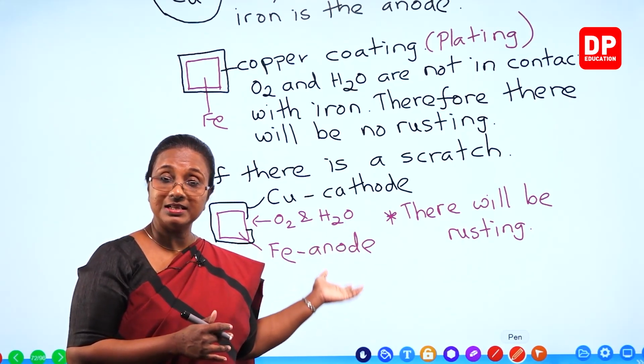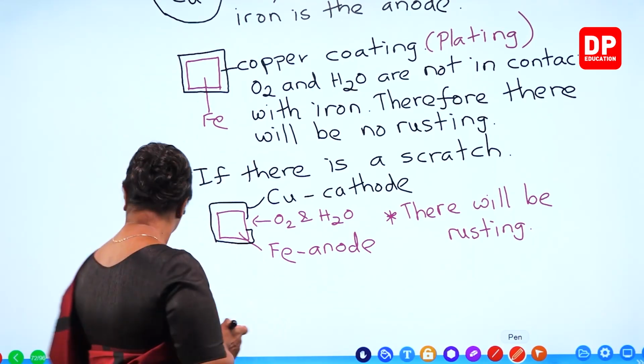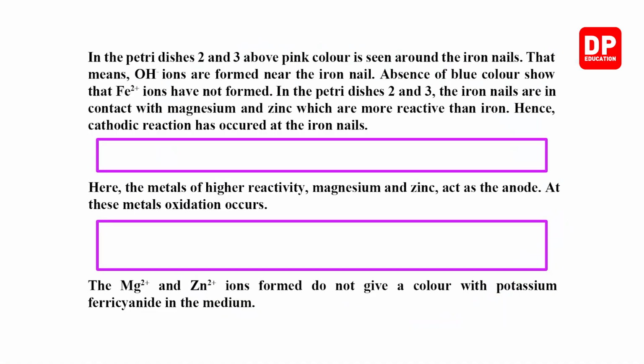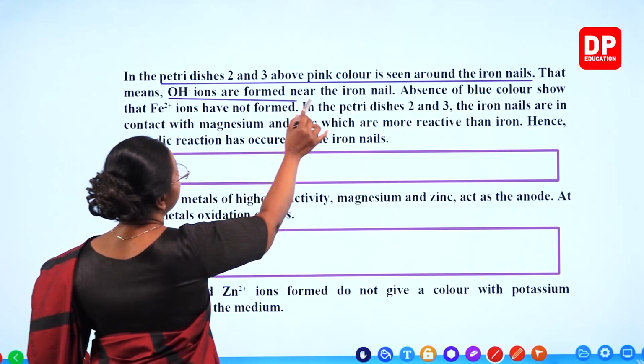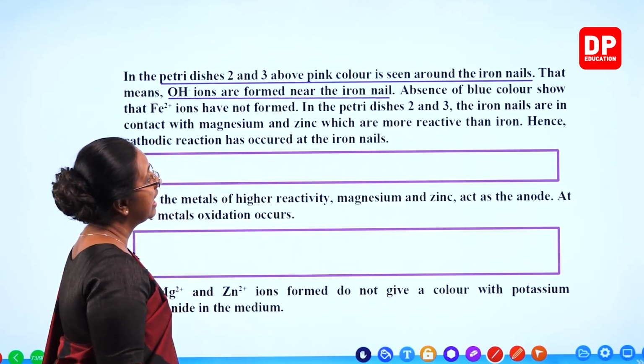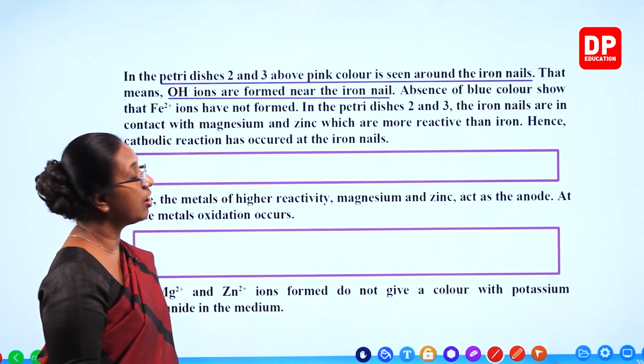Again, we will discuss the observations and the reactions related to the observations. So here, in the Petri dishes 2 and 3 above, pink color is seen around the iron nails. That means OH- ions are formed near the iron nail. Absence of blue color shows that Fe2+ ions have not formed.